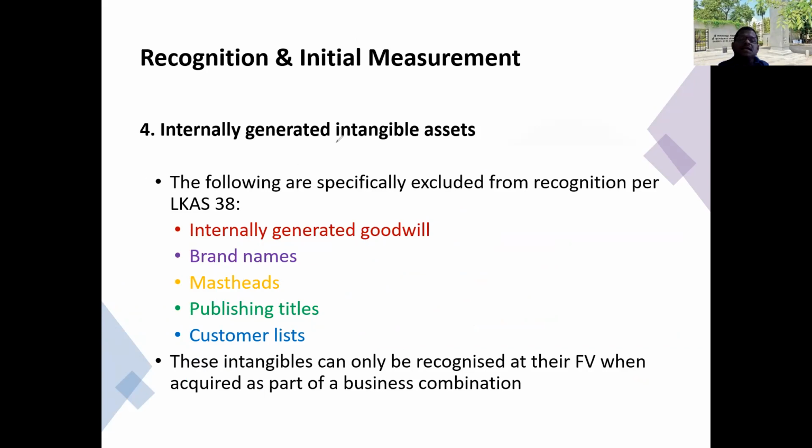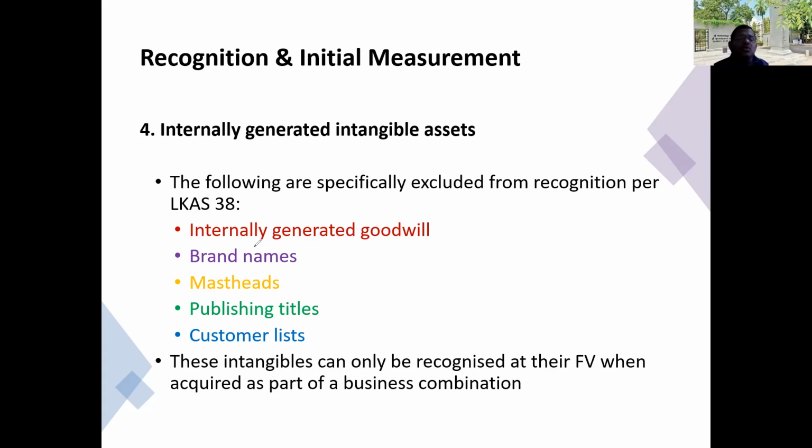Internally generated intangible assets: the following are excluded from recognition. Even internally generated goodwill is excluded. Internally generated goodwill, brand names, mastheads, publishing titles, customers. These intangibles can be recognized at their fair value when acquired as part of a business combination.